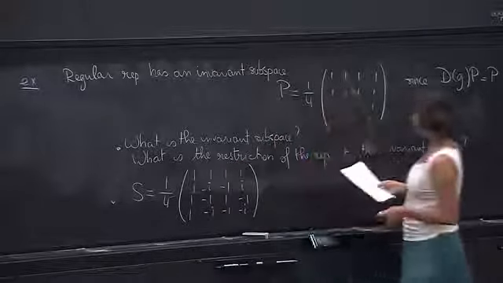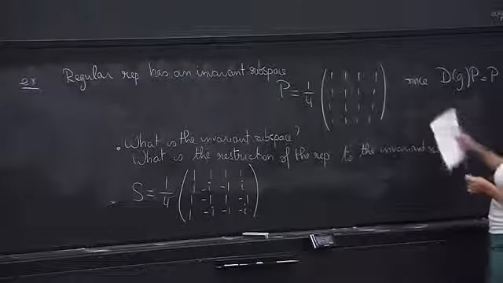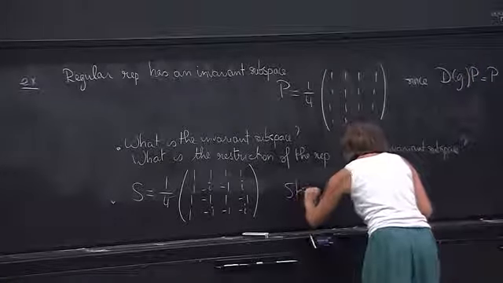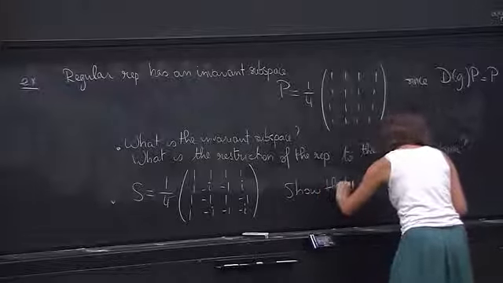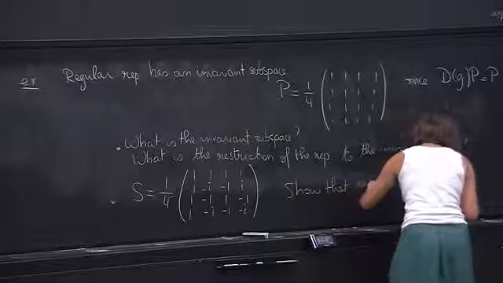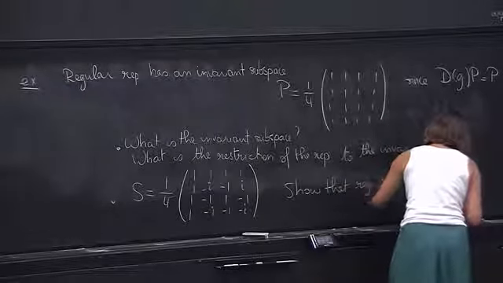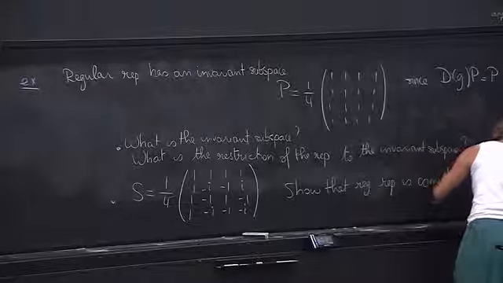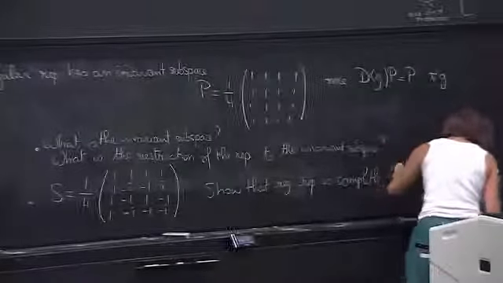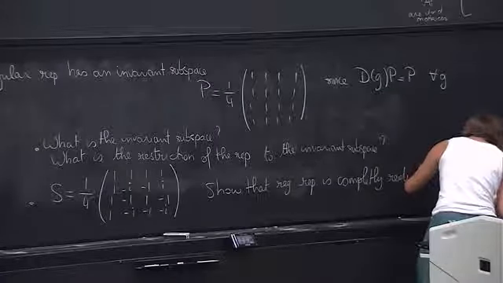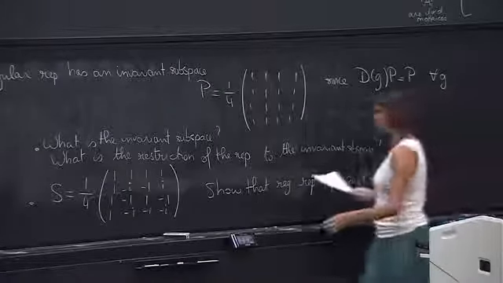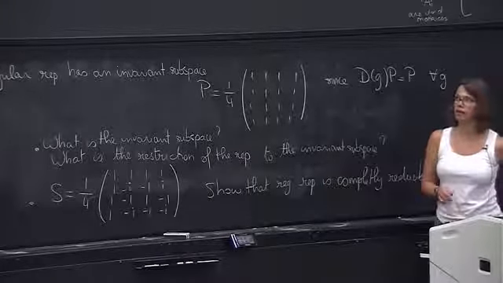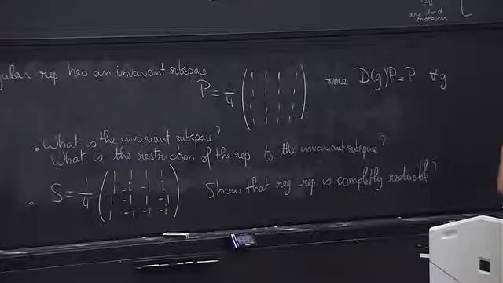Using this transformation, show that the regular representation is completely reducible. Okay, so this is your question. You can think about at least how to show that and what it means exactly. Okay, so thanks. Sorry for the delay.